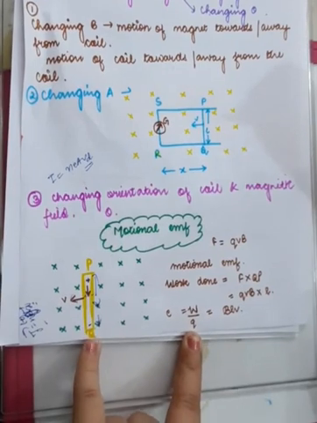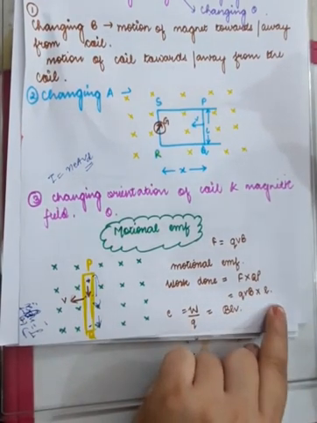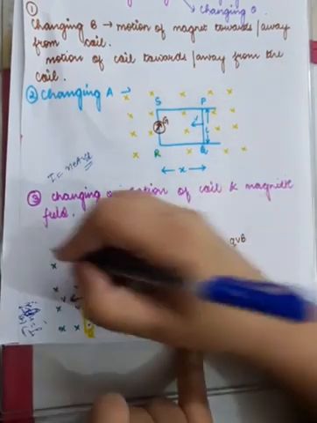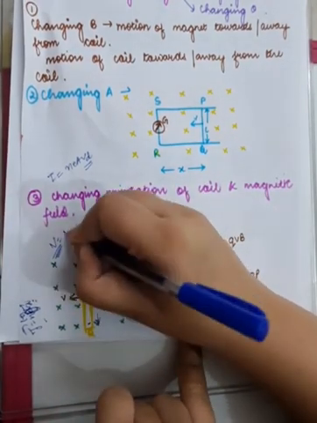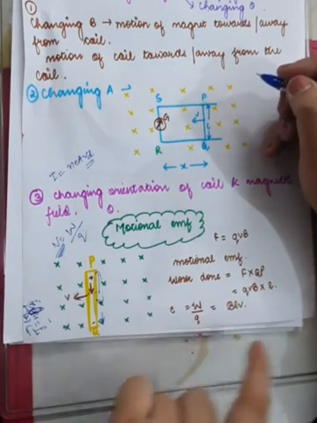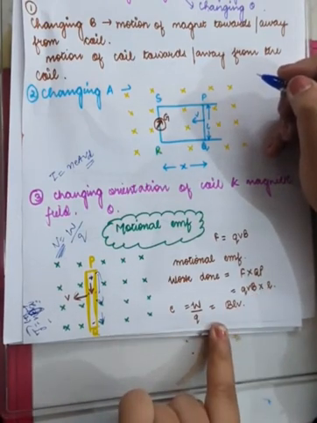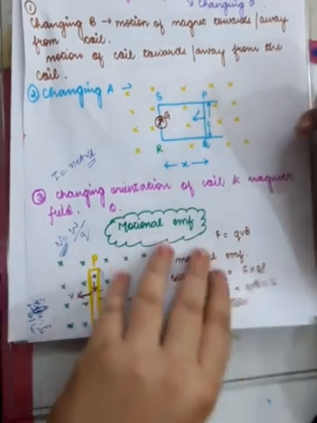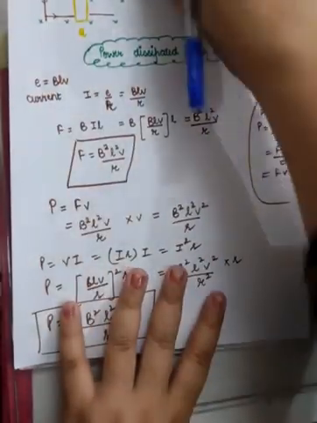Let it be L. So QVB into L. Induced EMF will be work done upon charge. See, we know that V, potential difference, is work done upon charge. So EMF is W upon Q. So QVB into L upon Q. So you are left with BLV. So this is motional EMF BLV.